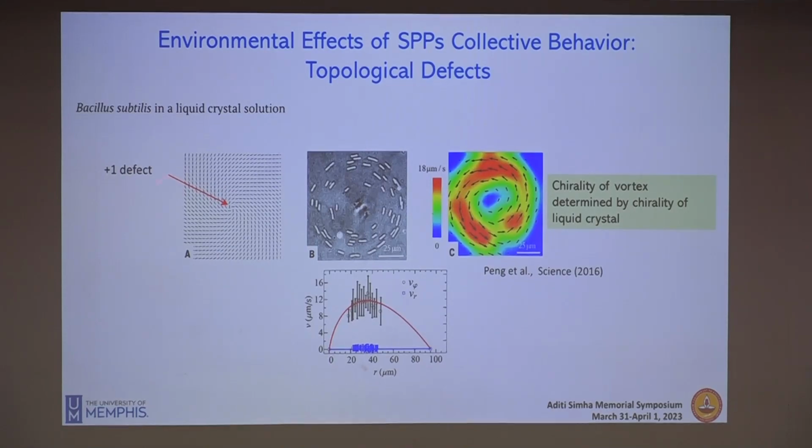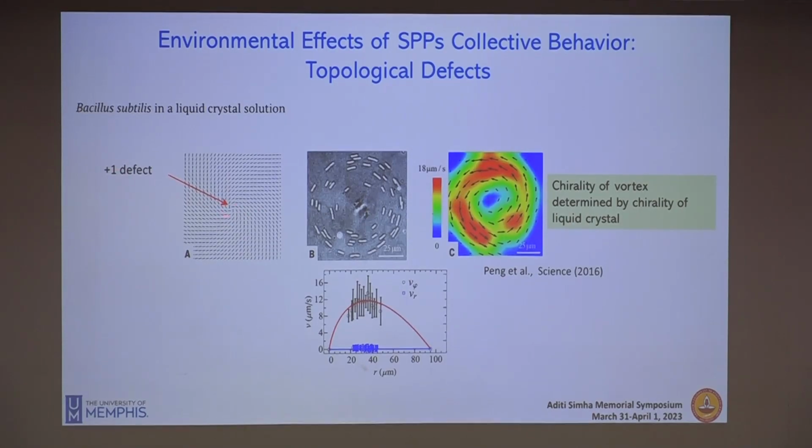So the order in the liquid crystal solution is actually static, with some, of course, thermal fluctuations, not really dynamic. But if one has bacteria in this solution, then one observes that the bacteria acquire a collective vortical motion with a specific chirality that is determined by the type of defect of the liquid crystal.